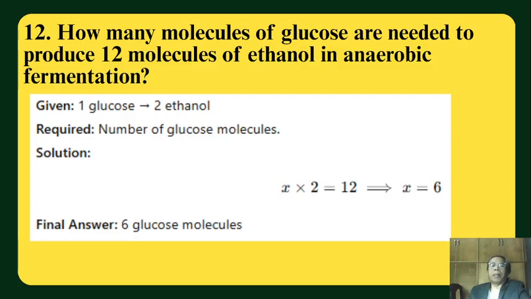Required: the number of glucose molecules. So the number of glucose molecules needed if we are going to produce 12 molecules of ethanol, so that will be x times 2 is equal to 12. And from there, x equals 6.